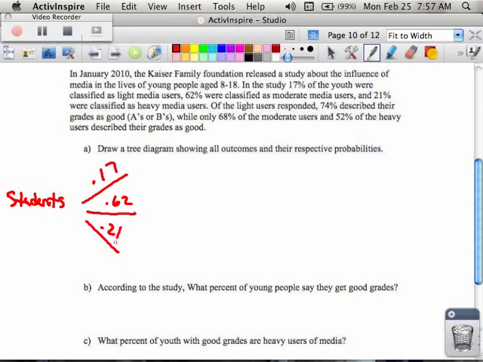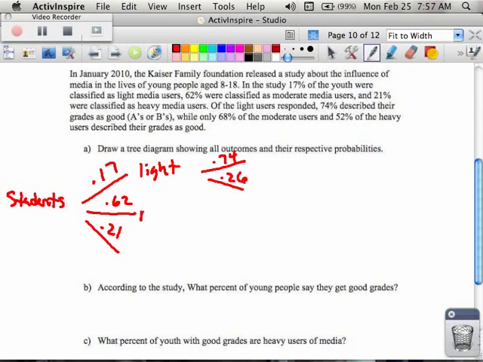And out of those light users, there were good grades and bad grades. So the good grades of the light users were 74%, which means that the remainder, of course, would be bad grades, so that would be 26%.